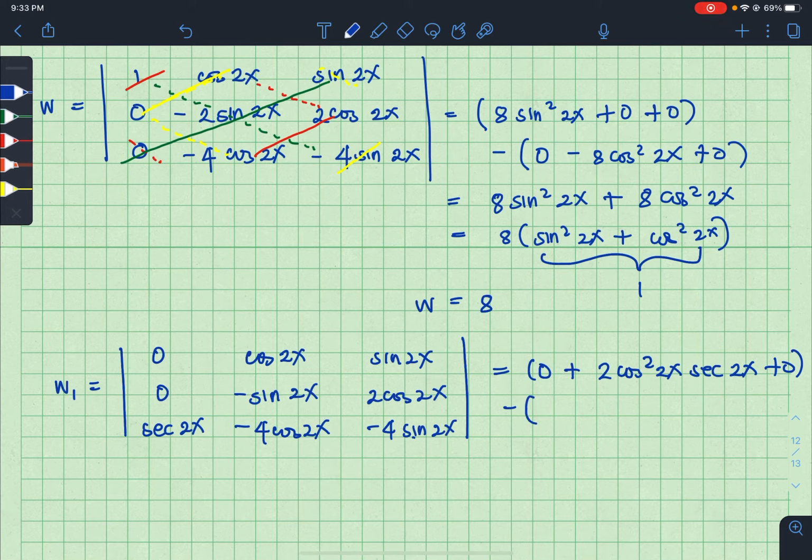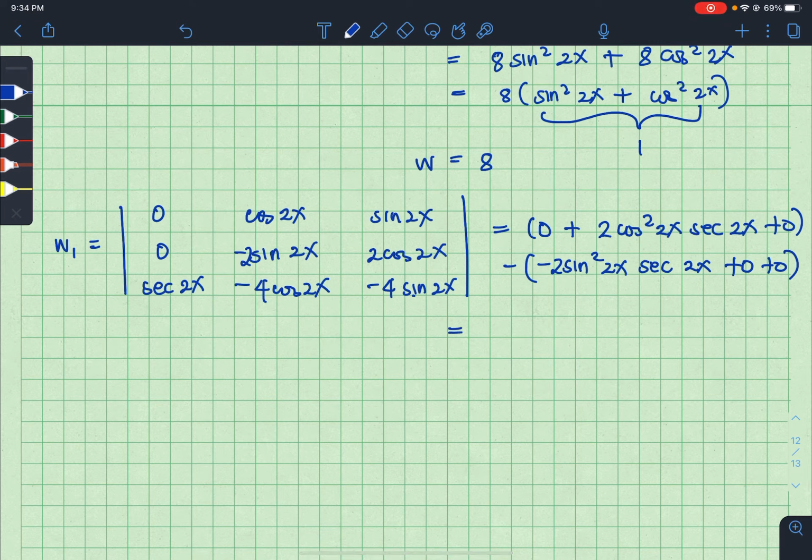Then minus upward, so I'll have negative 2 sine squared 2x, secant 2x. And then 0. The other one, 0 as well.